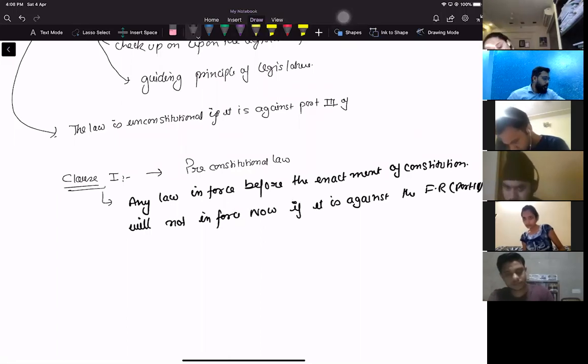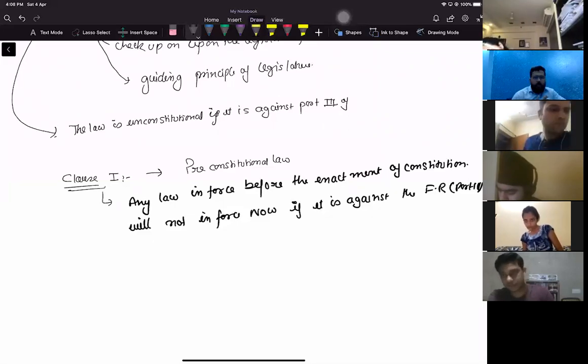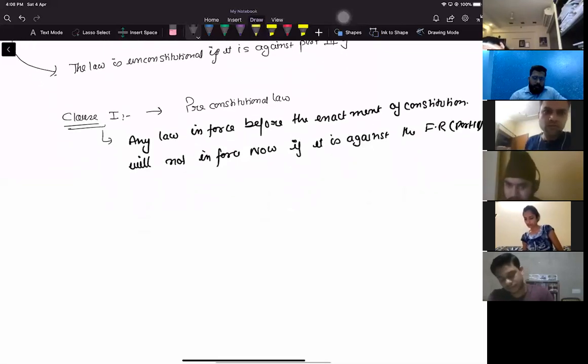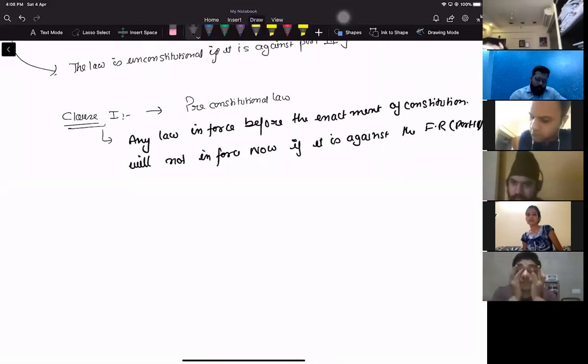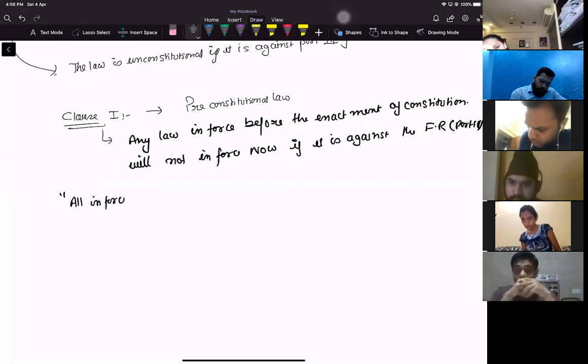So what are they saying, all laws in force? What do you mean by all laws in force? That means all laws that are already existing. All laws in force means existing laws. They are talking about existing laws.